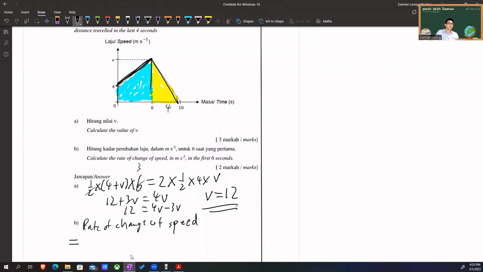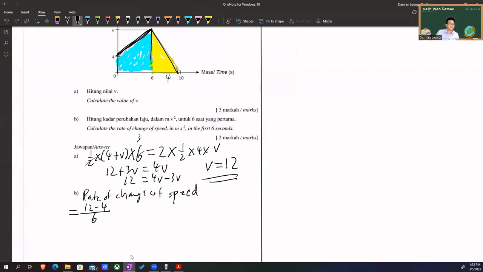So I take the change in speed from 4 until V. V is 12. 4 until 12 means 12 minus 4, over the change in time from 0 to 6, so 6 seconds. 8 over 6 means 4 over 3.